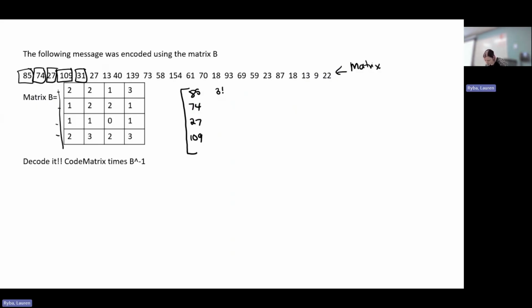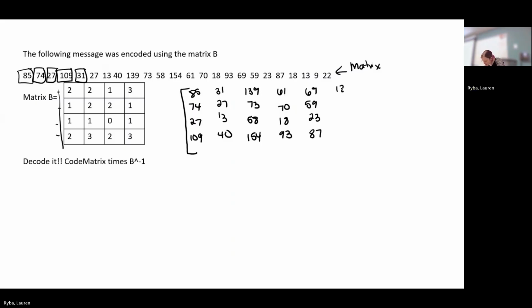And then I'm going to start over. 31, 27, 13, 40. 139, 73, 58, 154. 61, 70, 18, 93. 69, 59, 23, 87, 18, 13, 9, and 22.